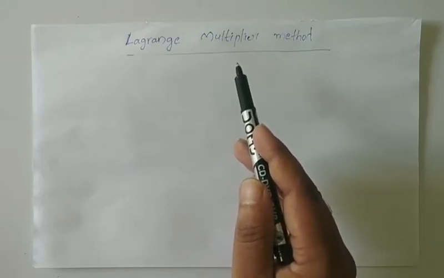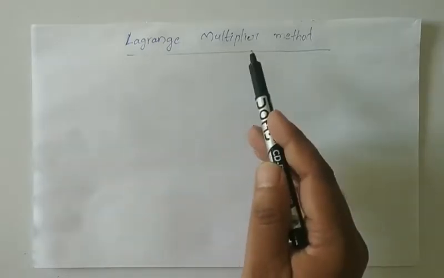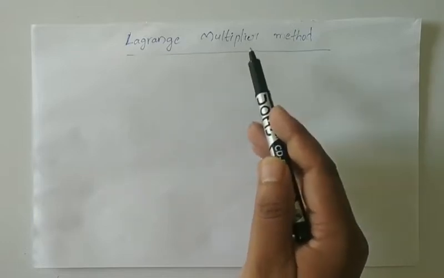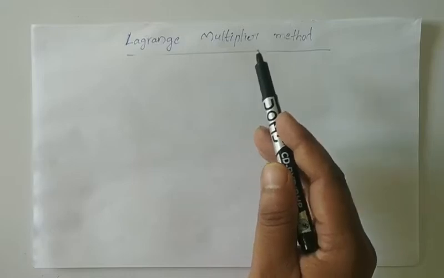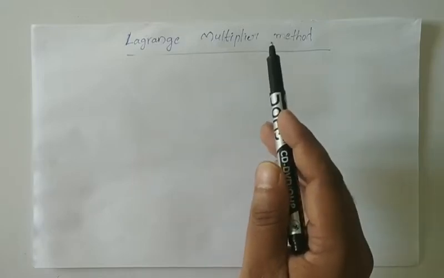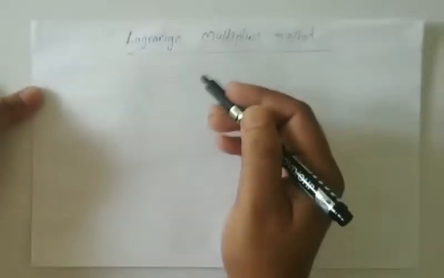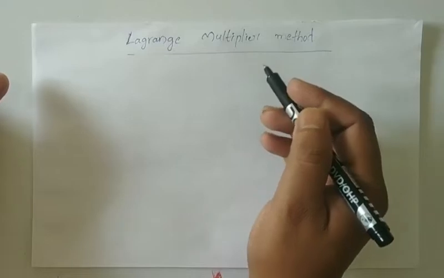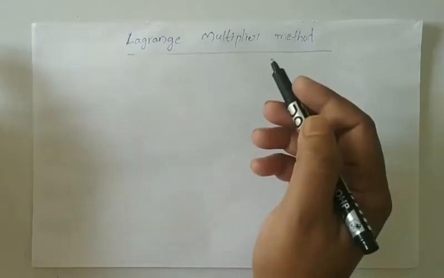By using Lagrange method we can find maximum and minimum values of functions of several variables subject to a constraint, one or more also, no problem.